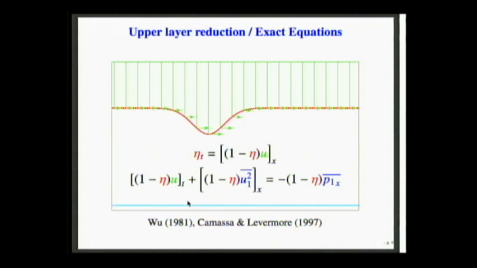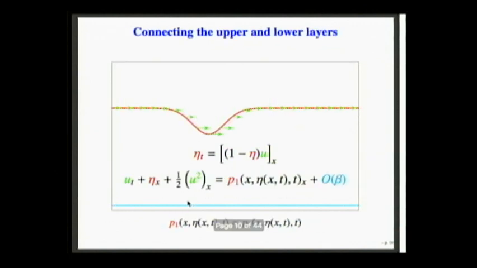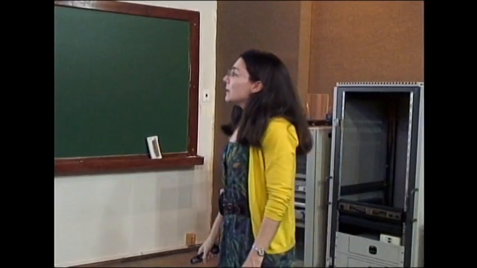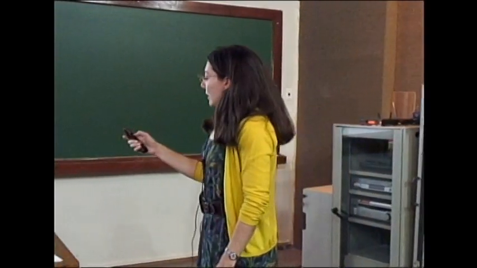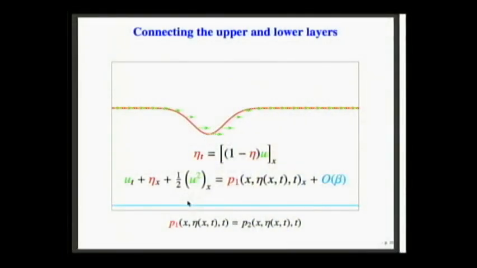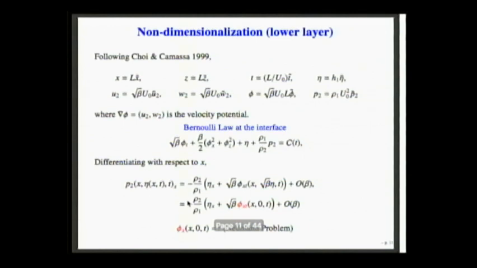In order to close the system in our two functions, eta and u, we need to perform some approximations by asymptotic analysis. This equation is exact, and we will keep it that way. And with some asymptotic expansions and connecting the upper layer with the lower one by the continuity of pressure, we will be able to obtain a type of Boussinesq system.